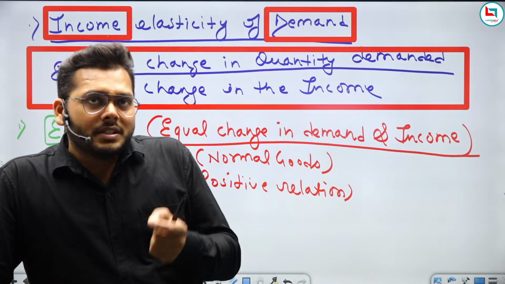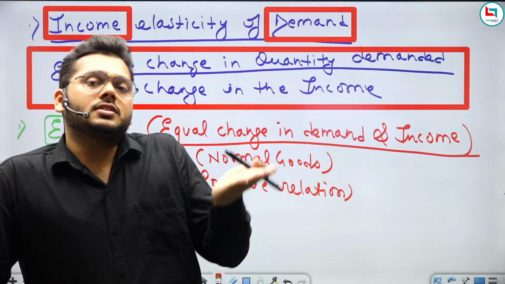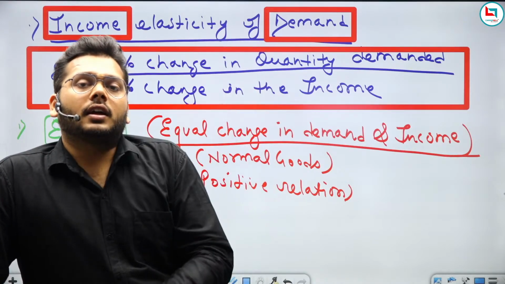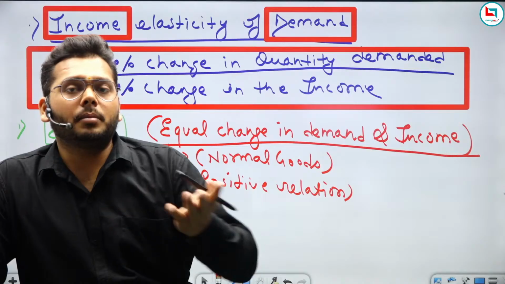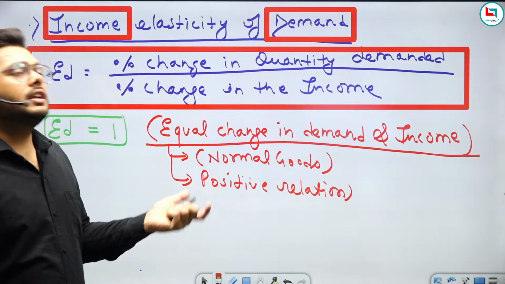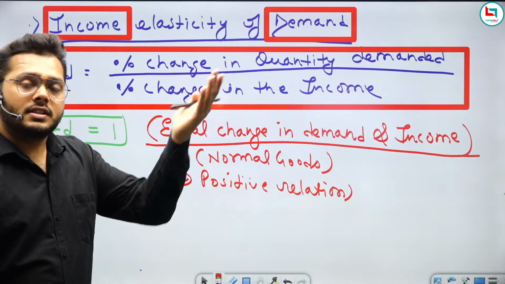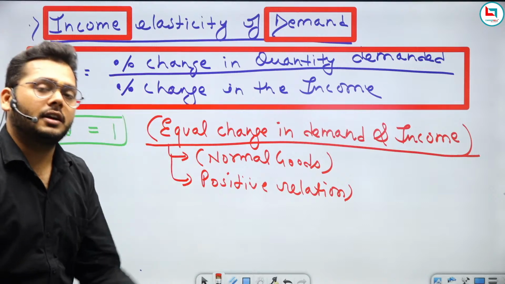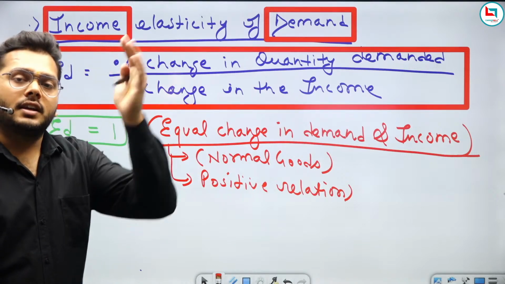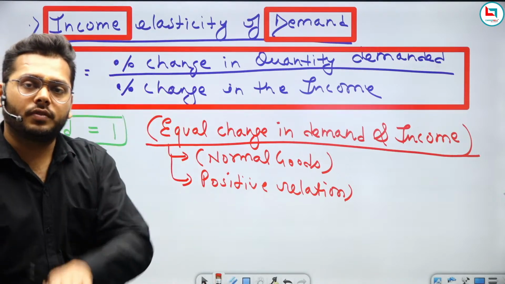So the change in income impacts the change in your demand. Once the income changes, the demand will also change. If the income is rising, the demand for goods will rise. If the income is decreasing, the demand for goods will decrease.